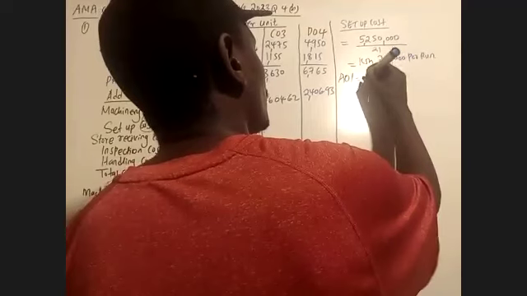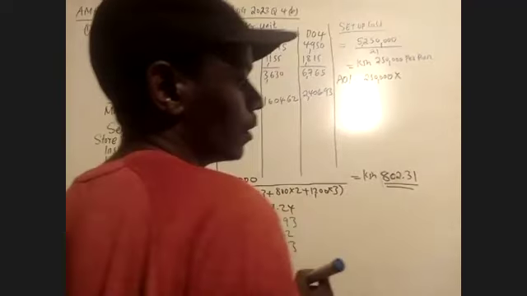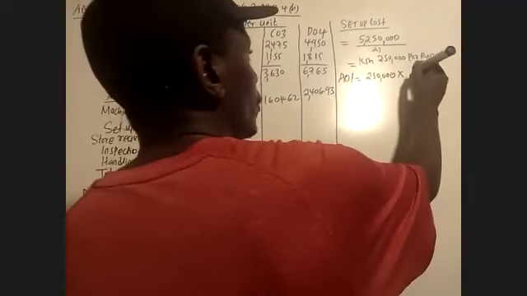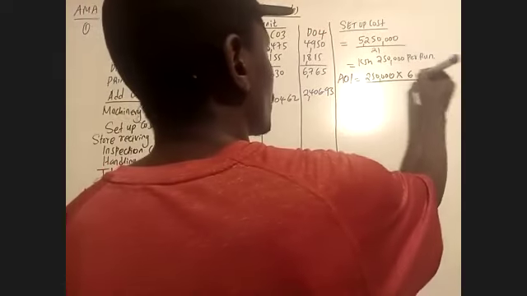Cost per run is 250,000. How many runs do we have for the first one? We have 6 runs. But that is the total amount for the 6 runs, and we need it per unit. So we divide by the number of units, which is 1200.